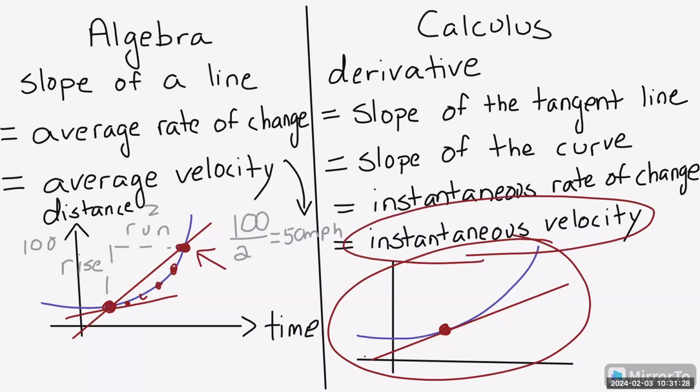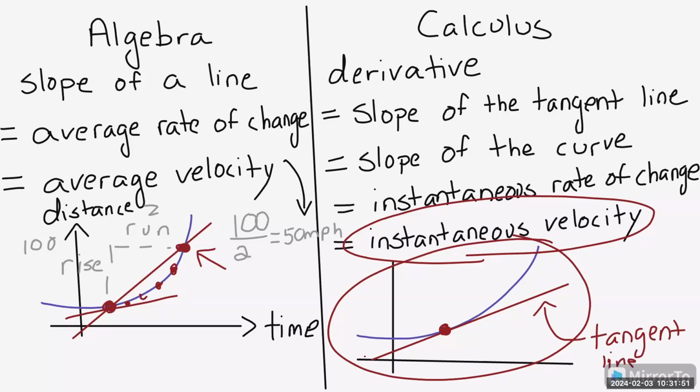And that process of getting closer and closer to the first point and then finding the slope of the line that you get from that first point, that process is finding a derivative, because this line right here is the tangent line. And so the derivative is the slope of the tangent line. You can also think of that as the slope of the curve.